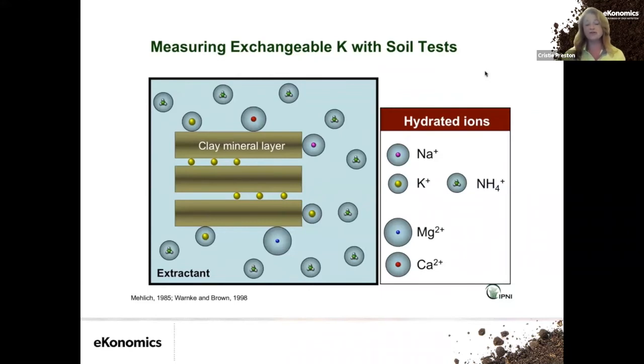Because if I don't understand what the plant can see is available, and I'm sorry for anthropomorphizing plants and seeing nutrients, but if we can't accurately measure what they can see is available, that's an issue. And so further research looking at how potassium, again, these yellow circles, how they get trapped into those inner layers will affect how much potassium I'm going to have to apply this year to maximize my crop uptake.